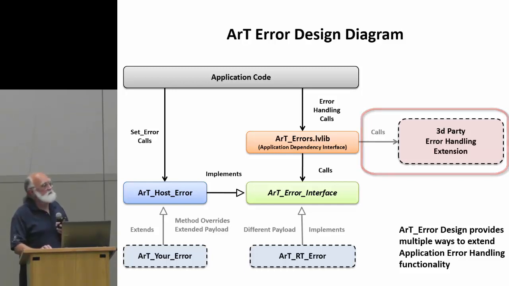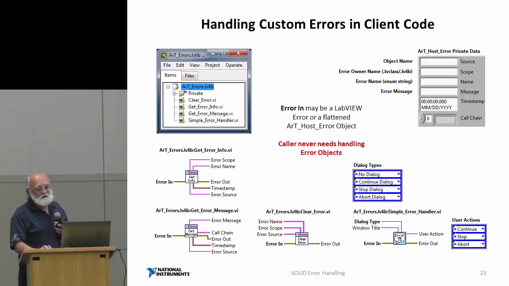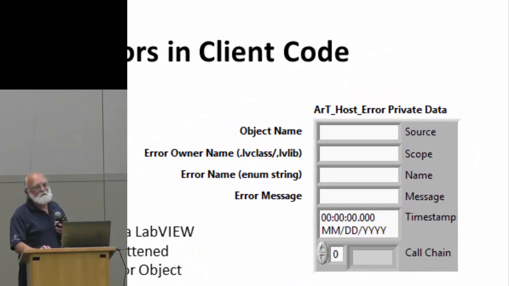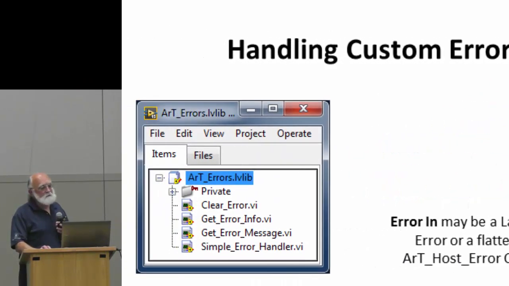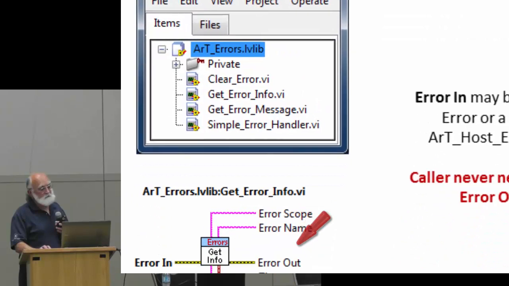How does it look? It's very simple. It is lean. You have this error cluster, the error object that I create when the error is generated. And this is the wrapper library. It cares about clearing errors, getting error information, getting error message, and popping up an error dialog.